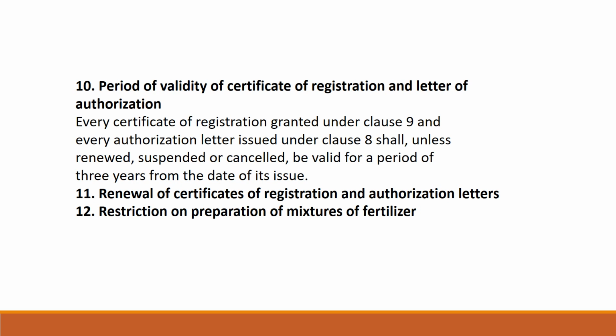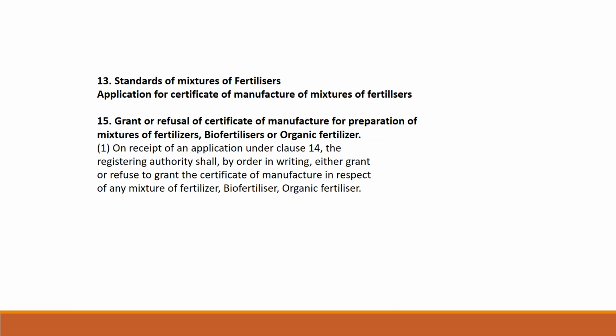Second, if they have already granted the certificate of registration or authorization, you have to renew the certificate of registration after a period of 3 years. So if your product is approved or your selling is approved, you have to renew it every 3 years. I don't know the current norms, but basically it is 3 years.